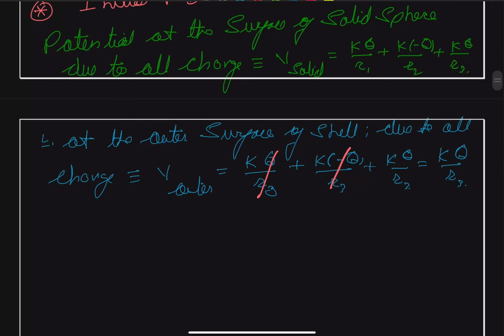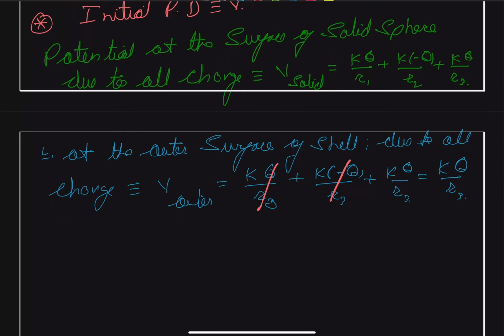Now we can find the potential difference. The initial potential difference, which is our V, will be equal to V of solid minus V of the outer.